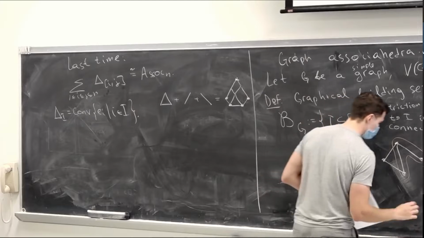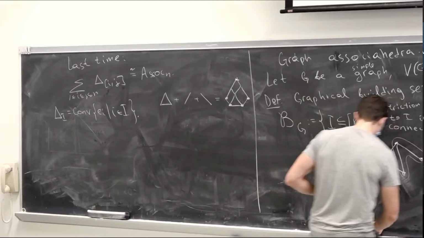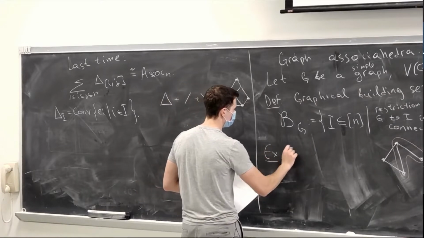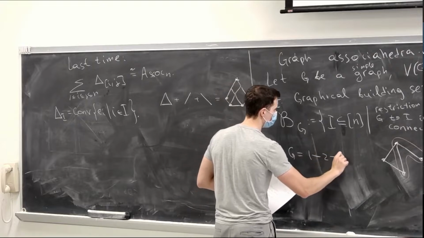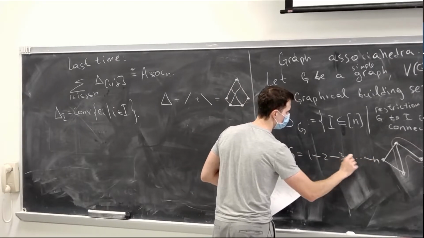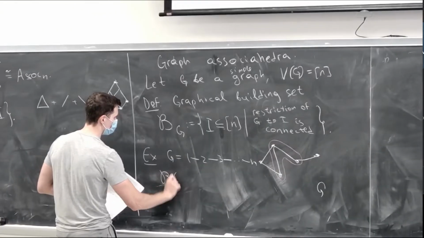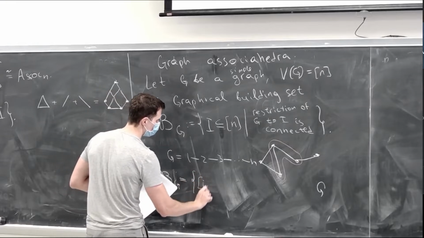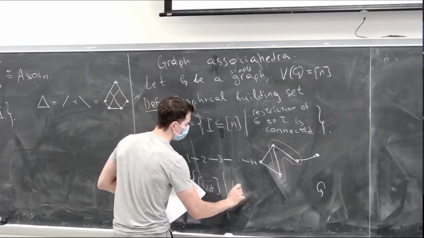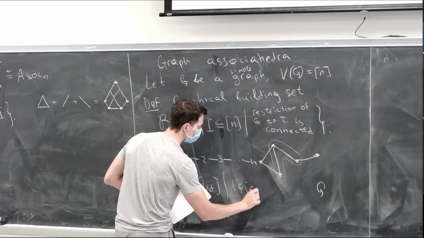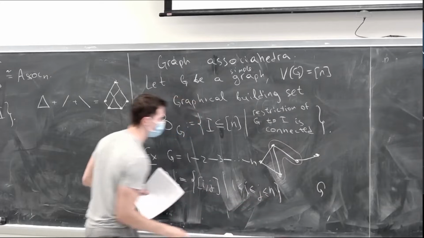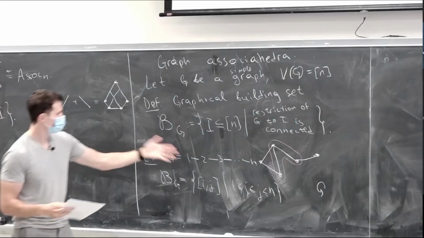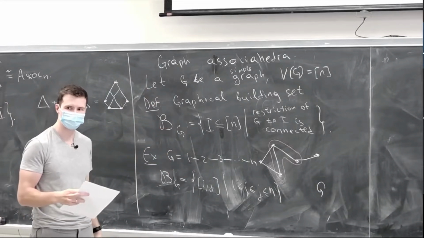Well, there could be cycles, but for example, if G is a path 1, 2, up to n, then the building set of G is the set of all intervals from i to j, where i and j are between 1 and n, i is less than j. Okay, so in this sense, when G is a path, the corresponding graph associahedron should be the usual associahedron.